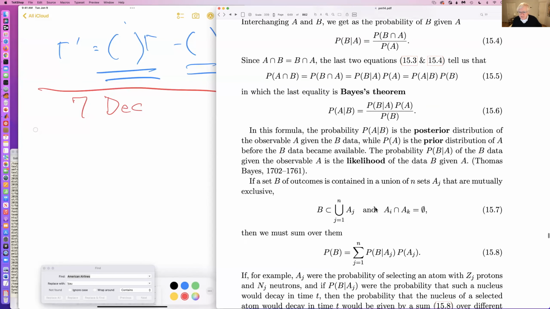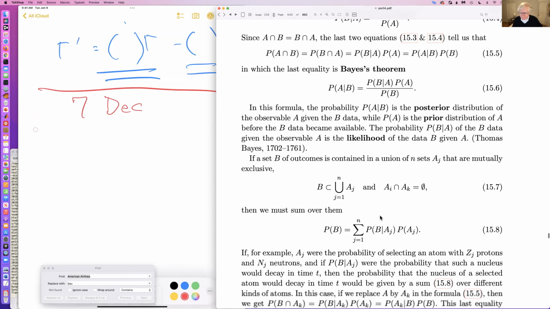If a set of outcomes is contained in a union of n sets Aj, I think that should be the union of n sets Aj that are mutually exclusive, then we sum over them. So the probability of B is the probability of B given Aj times the probability of Aj summed over j, assuming the Aj are all mutually exclusive.